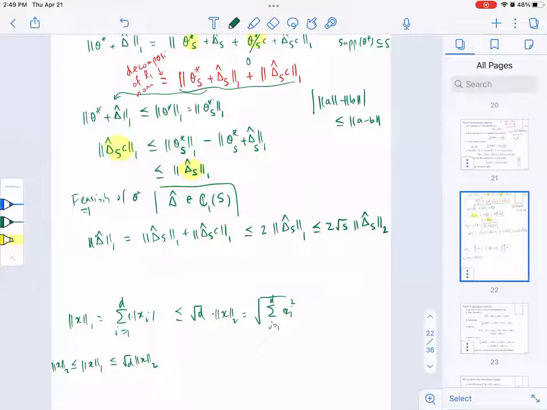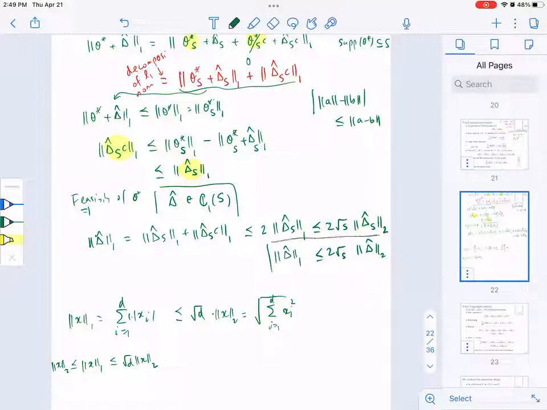Okay, and then I can further bound this by just the L2 norm of the entire thing. It should not be hard, this is bounded by this. If you square this, it's easy to see that the L2 norm of the full vector is an upper bound. So what I get is this very nice result for the delta hat 1.